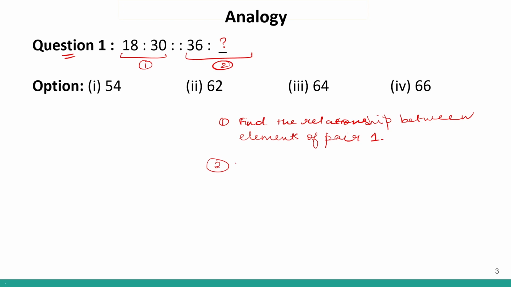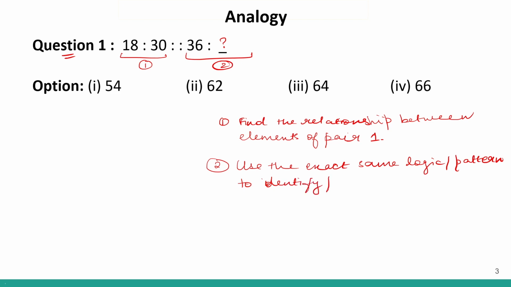And second step is use the exact same logic, or you can say pattern, exact same logic or exact same pattern, to identify or calculate the missing term in pair 2. So this is how you solve analogy questions.